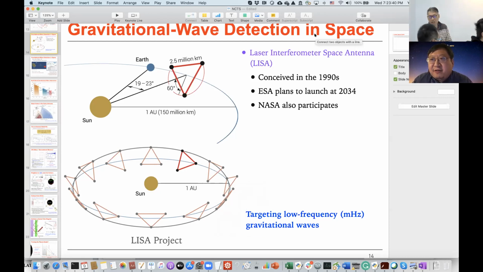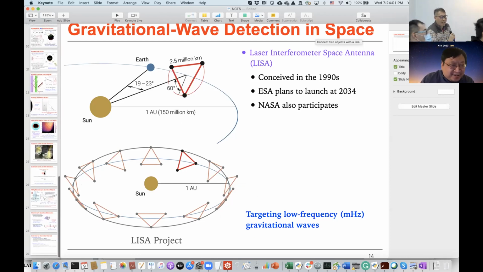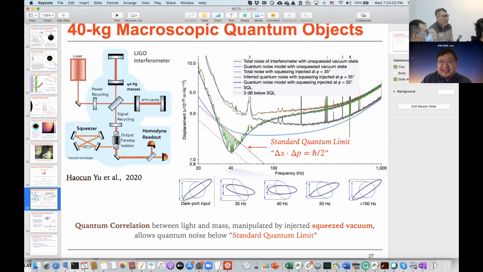Either use the microphone or the. Yeah, sorry. I was just wondering when LIGO adopted this squeezing to reduce noise beyond the standard quantum limit. Oh, sorry, I still can't hear. It's about the squeezed vacuum, right? Yes, and I was wondering when LIGO plans to adopt this scheme and make it work?